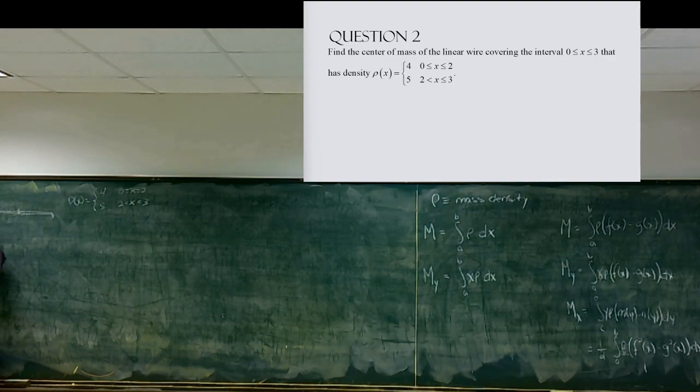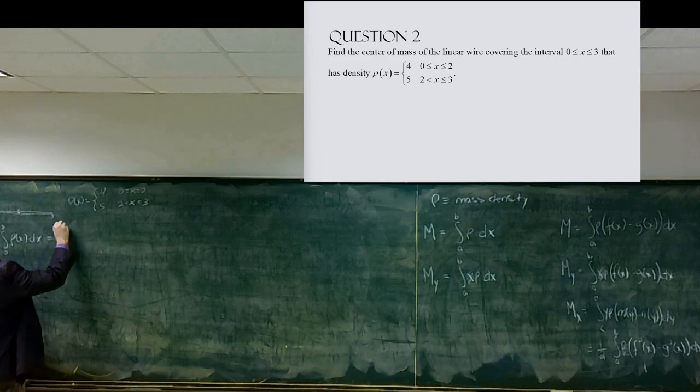Total mass. It's the integral from 0 to 3 of rho of x dx. But our rho is piecewise, so you have to split the integral into 2. So you go 0 to 2 first, and then 2 to 3.